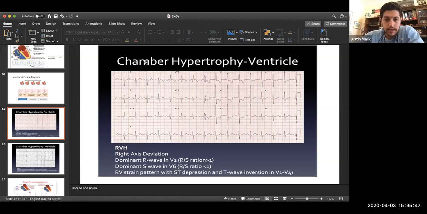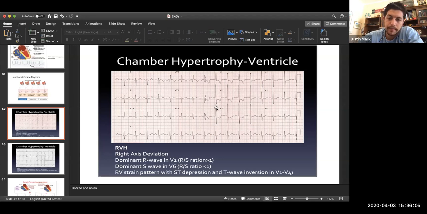The characteristic finding of ventricular hypertrophy is these really big, skinny QRSs. I don't really know why they're skinny. I know they're big because there's a lot of muscle to depolarize, so that's going to increase the amplitude.